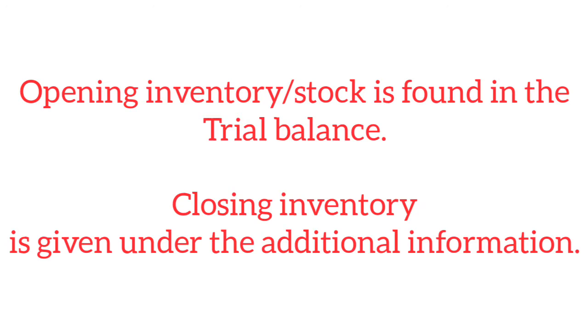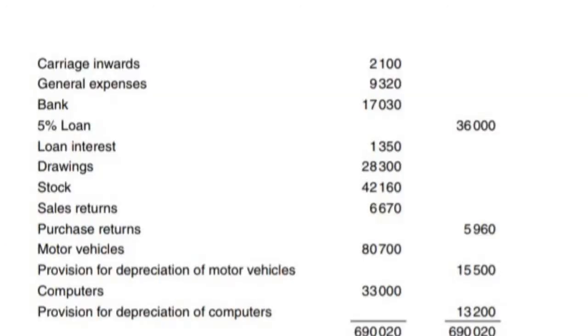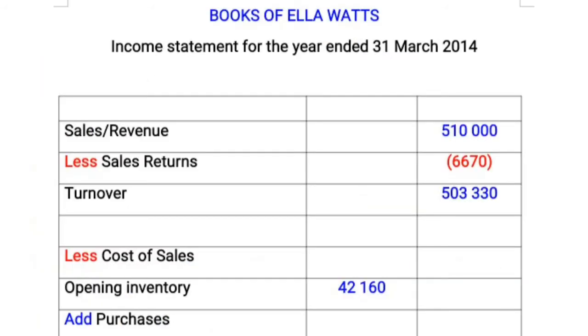Right. So I'm going to visit the trial balance. I'm going to look for the word inventory or the word stock, since stock and inventory are one and the same. Right. So in the trial balance, stock is amounting to 42,160. Right. Then you have to add purchases. You have to add purchases. Right.